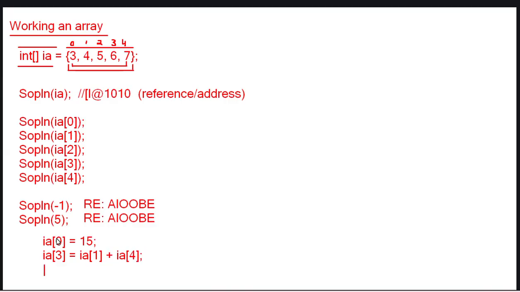Now IA of 1 value 4, IA of 4 value 7, 7 plus 4 is 11, 11 stored inside 3. That means this value 3 replaced with 15 and this value 6 replaced with 11. These are the points we discussed in the last class. Hope all of you practice at home.